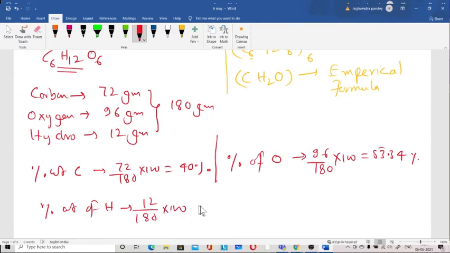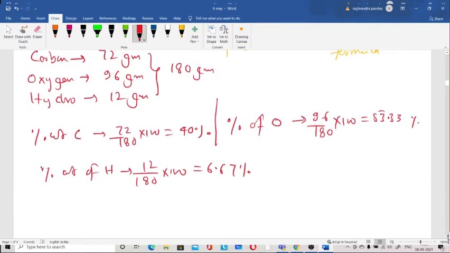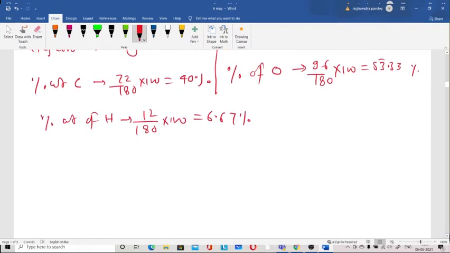So that is around 6.67%. Okay, so that is the percentage.